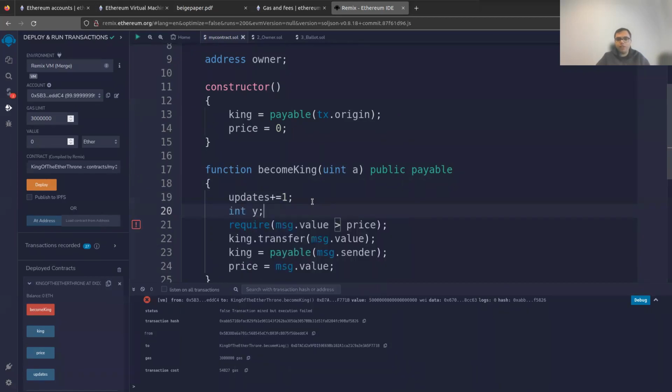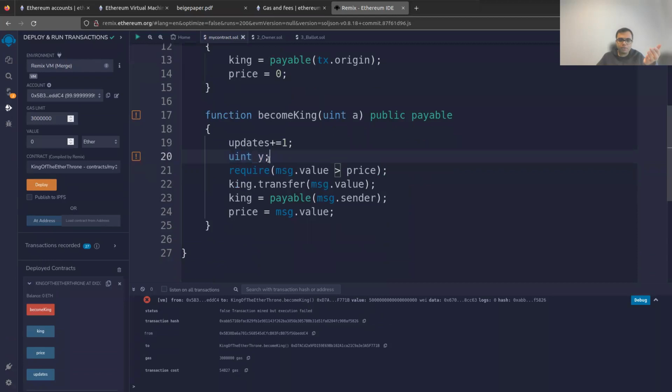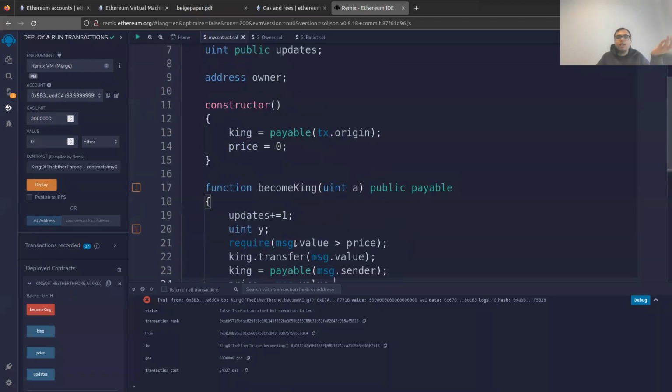Maybe I have some integer y or unsigned integer y. Again, this is a variable that exists only when this function is called. So when I call this function, this y comes into existence, and at the end of it, it goes out of existence. So it doesn't have to be saved on the blockchain.